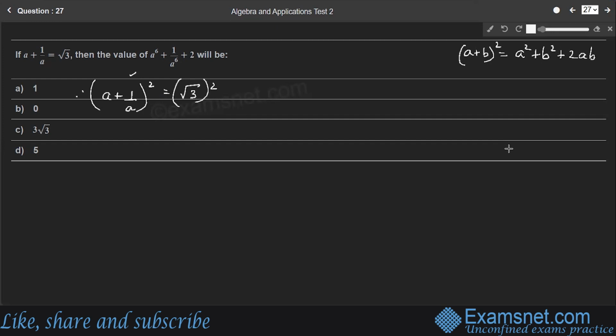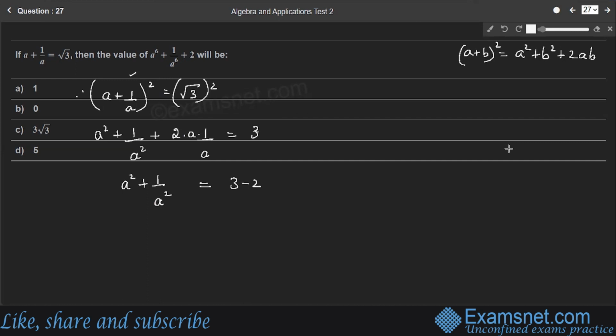So the left hand side becomes a square plus 1 by a square plus 2 times ab. A into 1 by a is 1, and root 3 the whole square is 3 itself. Therefore, a square plus 1 by a square plus 2 times a into 1 by a, which is 1. So, a square plus 1 by a square becomes 3 minus 2, which is 1.